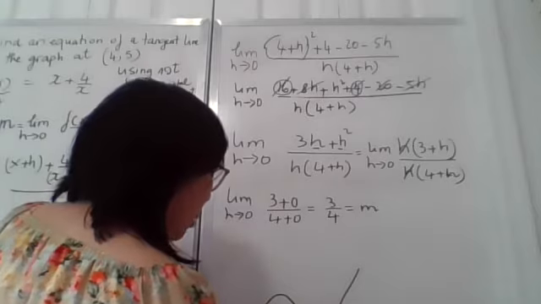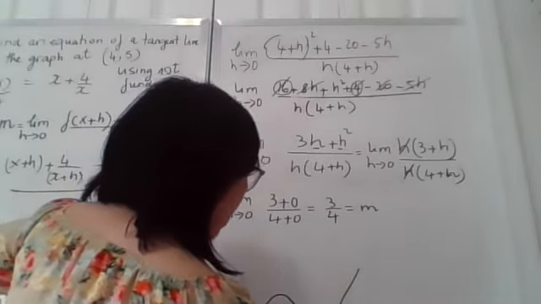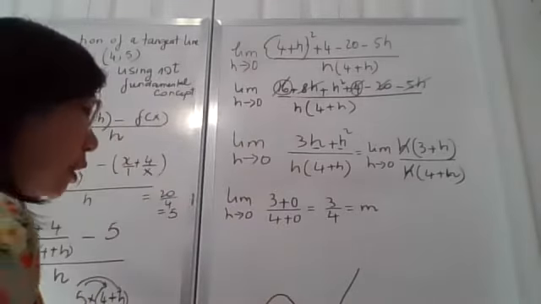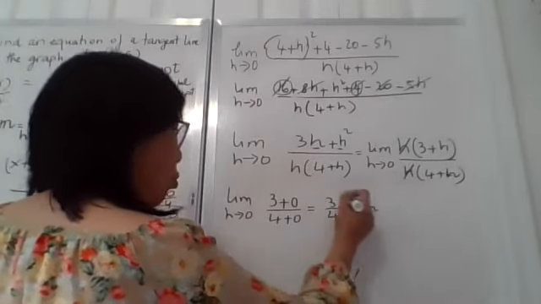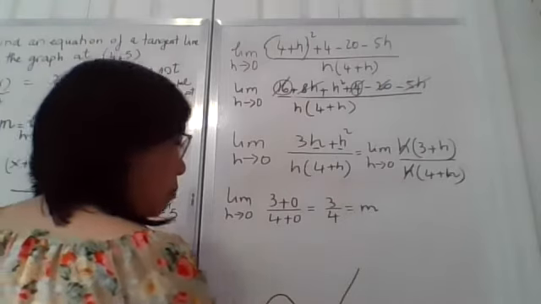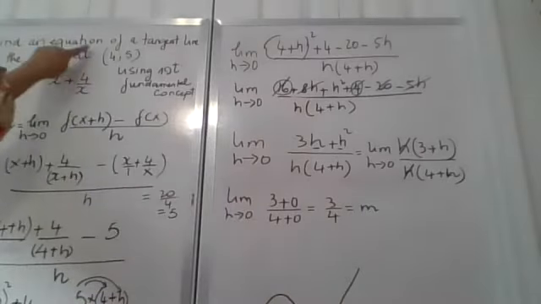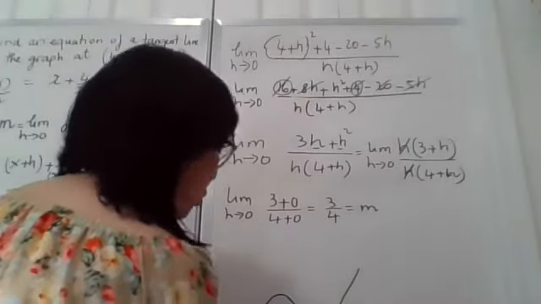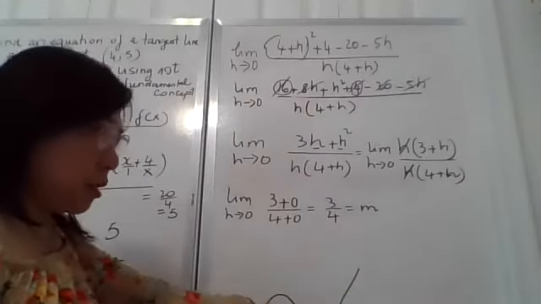And at this point, you want to find the equation of this tangent line, right? Now we know the slope at this point is 3 over 4, but they ask us to find an equation of your tangent line. So you're going to find the equation for this tangent.